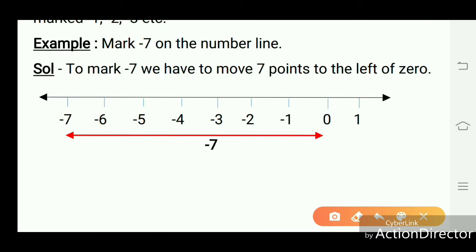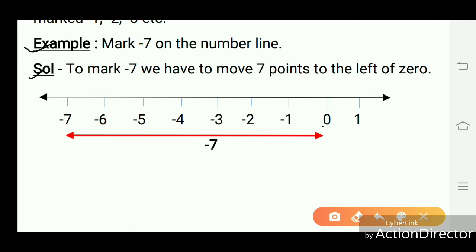Now I solve an example related to representation of integers on a number line. Example: mark -7 on the number line. Solution: to mark -7 we have to move 7 points to the left of the 0. First we draw a line, and after that we mark the numbers.